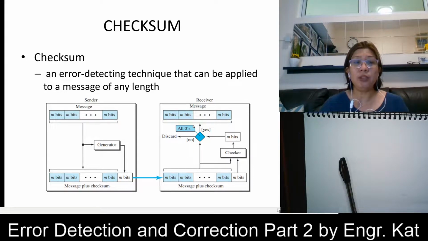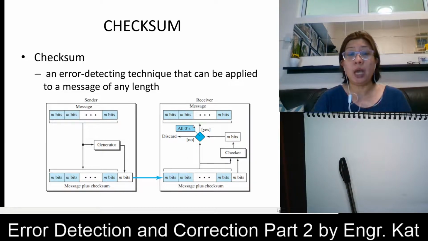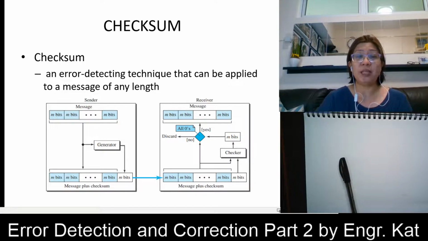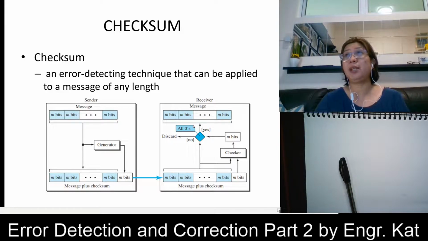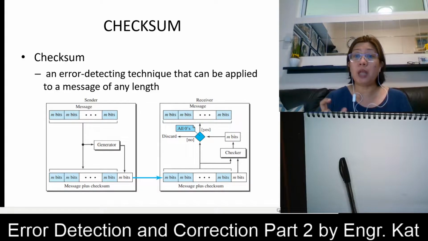If you look at the figure, at the source, the message is divided into m bits. It can be applied to any message length, so we will be using m as the generic number of bits in our messages.